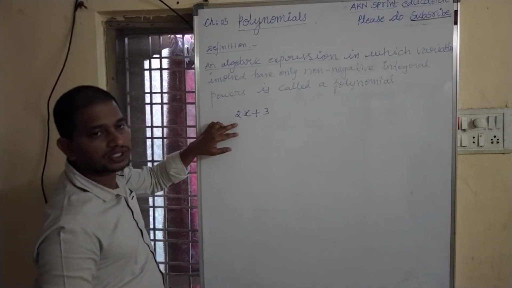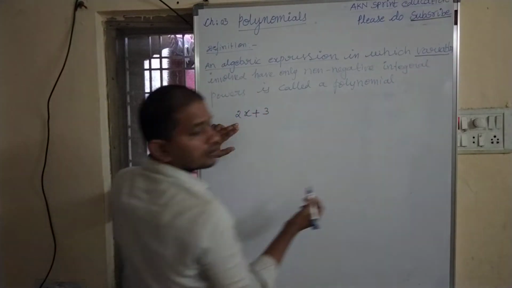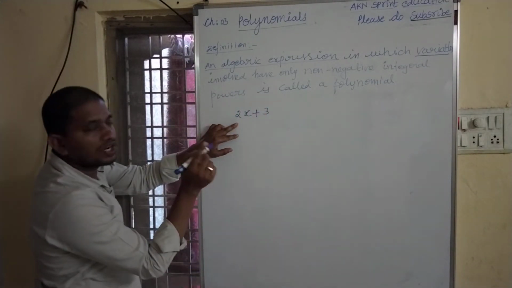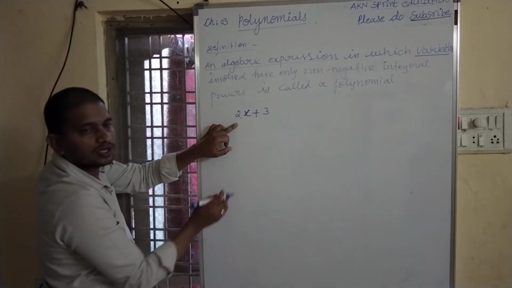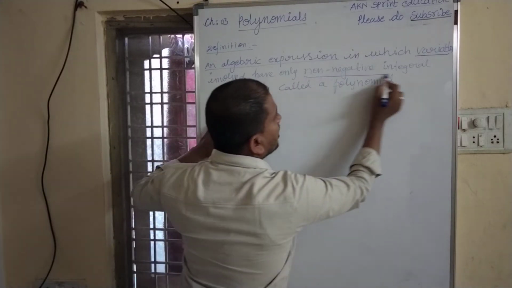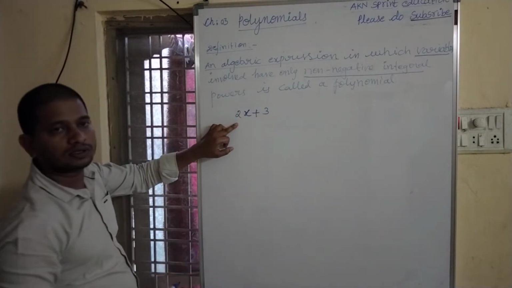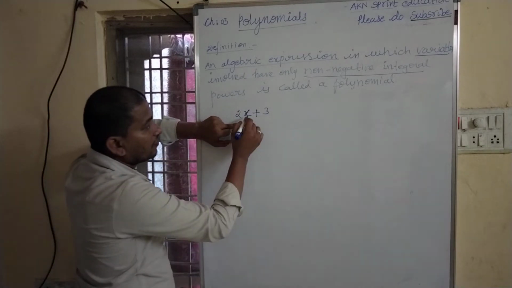An algebraic expression in which variables. Can you tell me what the variable is over here? Here the variable involved is x. The variable involved has only non-negative integral powers. Can you tell me what the power of x is here?